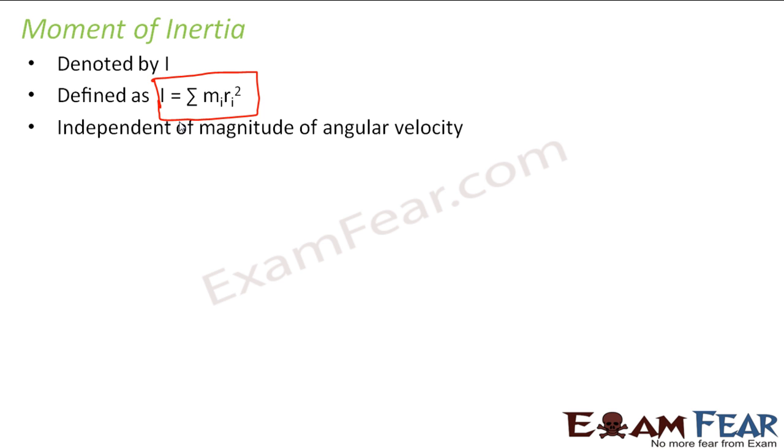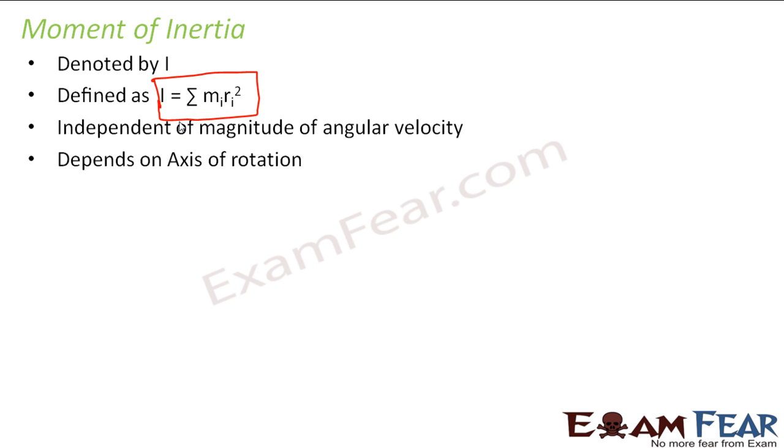It is independent of the magnitude of angular velocity, because you can clearly see from this expression that moment of inertia depends on two things: the mass of each particle and the radius of each particle, that is the position vector of each particle. So it has nothing to do with the magnitude of the angular velocity omega.